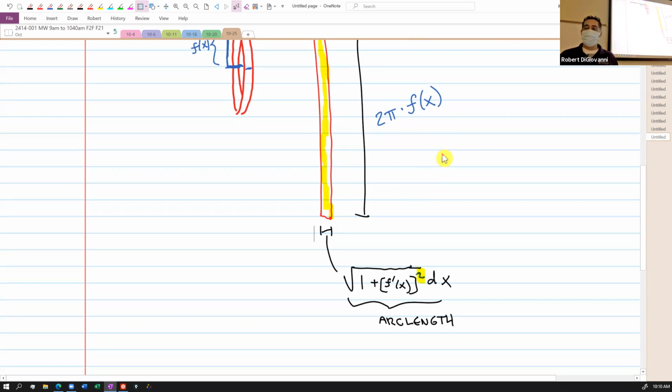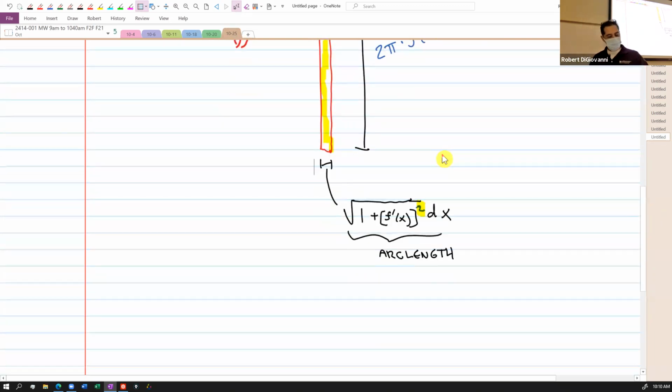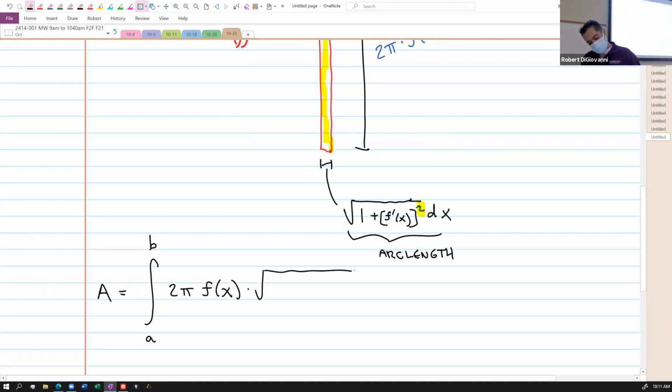So the surface area, which I'm just going to call A, should be the integral from a to b of 2 pi f of x times the square root of 1 plus f prime of x squared dx.